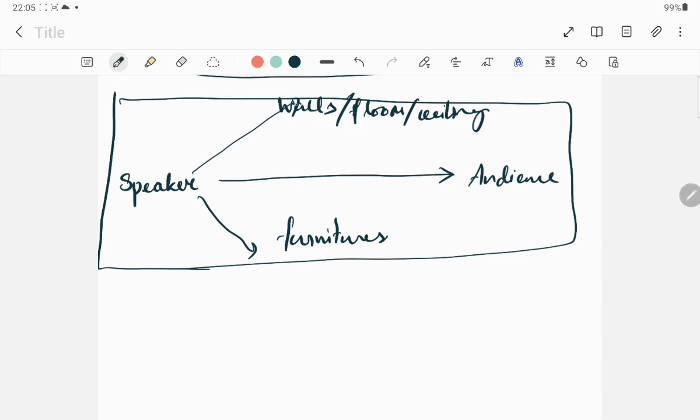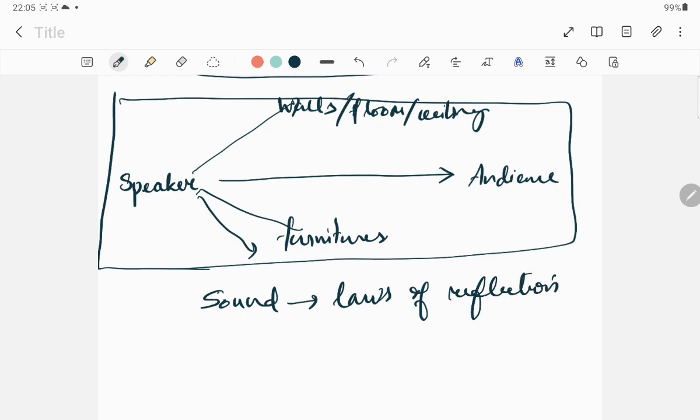So when the sound falls on the walls and furniture, some of it will get reflected, because we know that just like light, sound also follows the laws of reflection. So when a sound wave falls on the walls, some of it will be reflected back towards the audience. Similarly, some of the sound wave which falls on the furniture will be reflected back towards the audience.